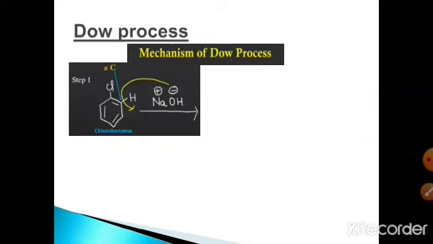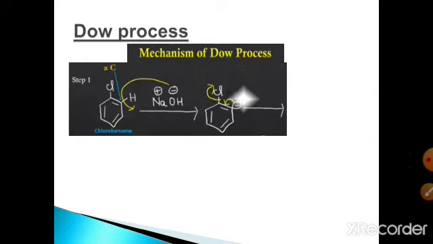So the base present in the reaction mixture takes up this alpha hydrogen. When alpha hydrogen is removed, it is converted into an intermediate in which negative charge is present on the carbon. So a carbanion is formed as an intermediate. When the carbanion is formed, then the chlorine will depart, because chlorine is a good leaving group.